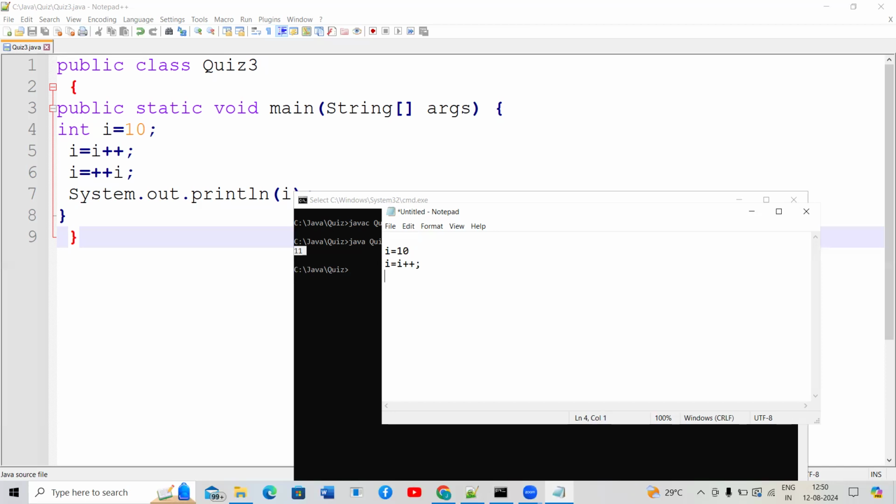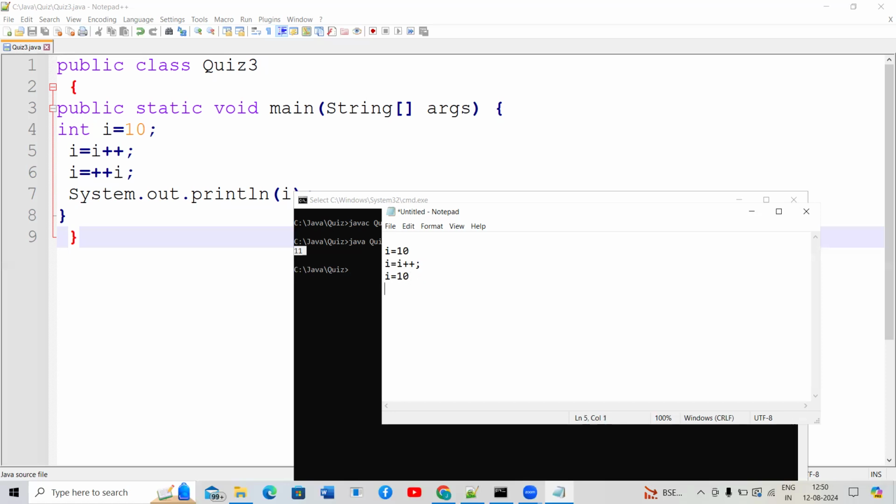So addition happens afterwards. First, the assignment happens. Copying happens first. So whatever is the value of I here, which is 10 in this case, that will get copied to the left-hand side. So now the value of I will be 10 only. It will not be 11 because addition will happen afterwards, once the assignment happens.